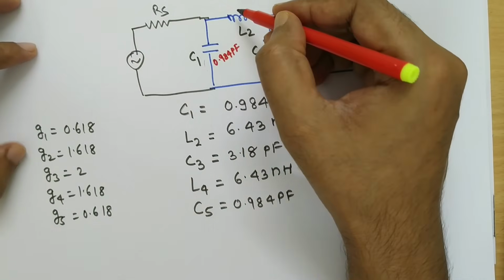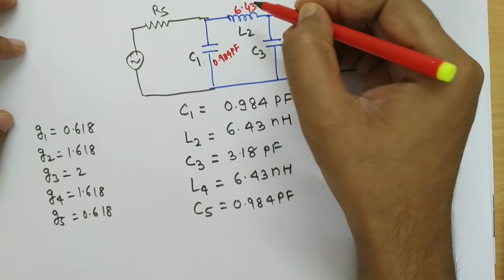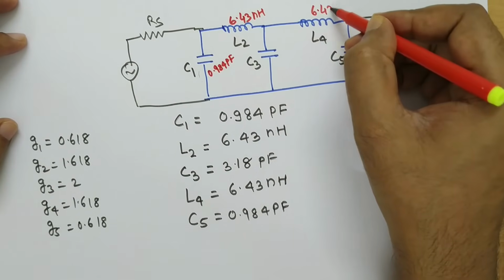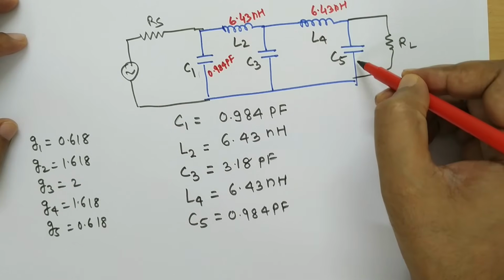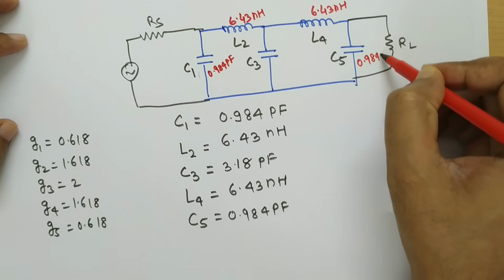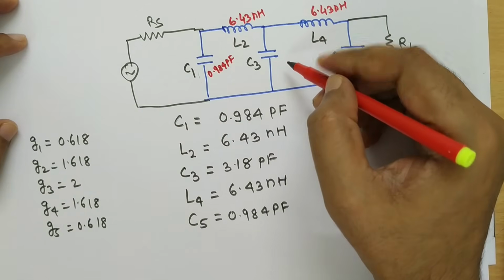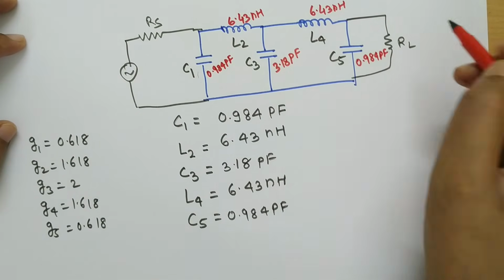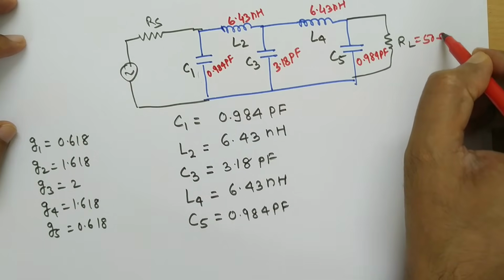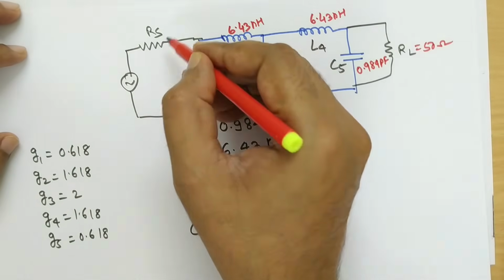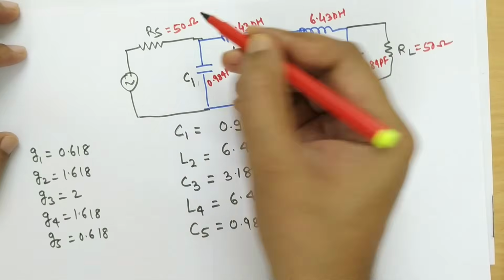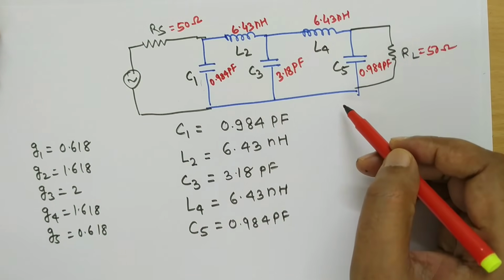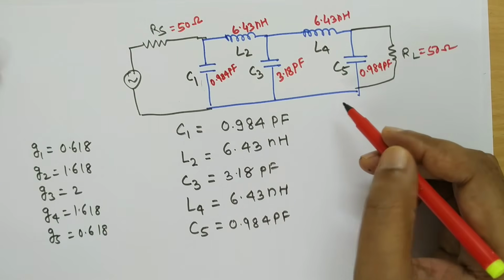Then L2 is 6.43 nanohenry, L4 is also 6.43 nanohenry, C5 is 0.984 picofarad, and C3 is 3.18 picofarad. RL is 50 ohm and RS is 50 ohm. So we have completed the second possible design for the low pass filter.